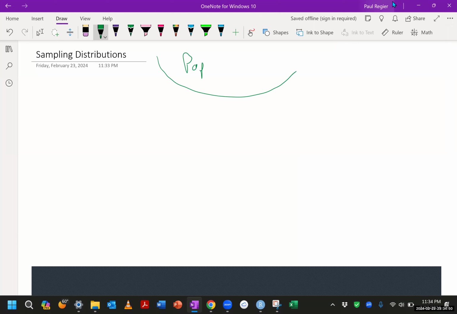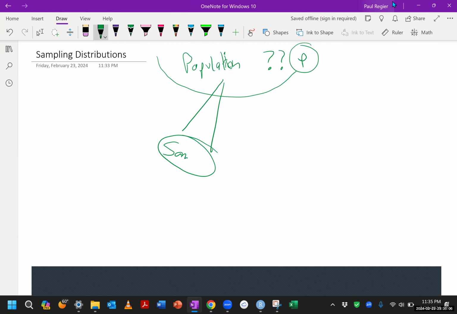So inference is what we do. We have a population with some kind of unknown value. Let's call that P, and we want to know something about it. How do we study it? We take a sample, and from it we get something called p hat.